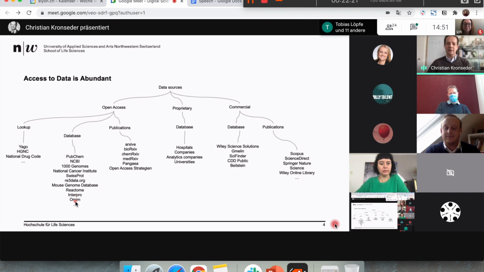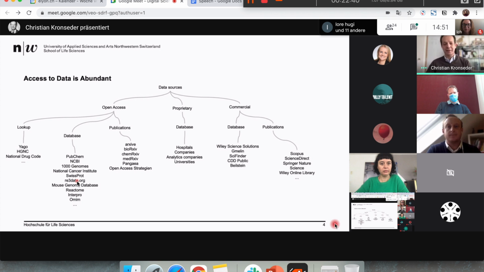Then we have OMIM, which is a comprehensive compendium of human genes and genetic phenotypes. And re3data is like NCBI, also a repository which gives you access to another set of databases, which from time to time overlap, but they also are different.